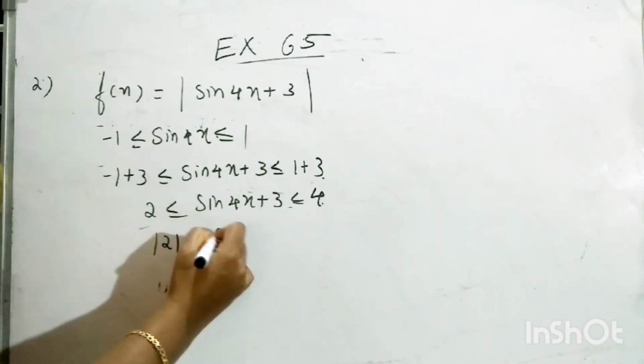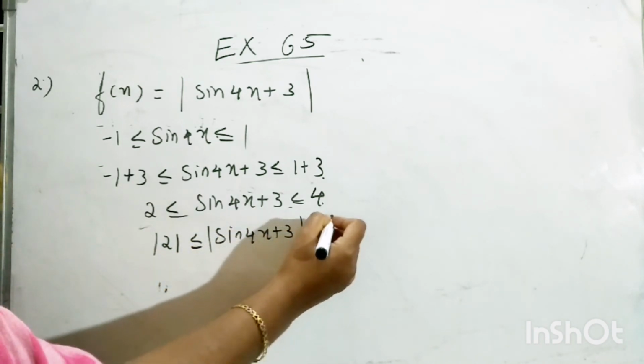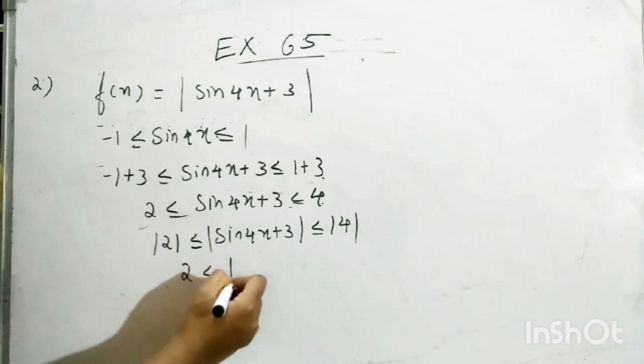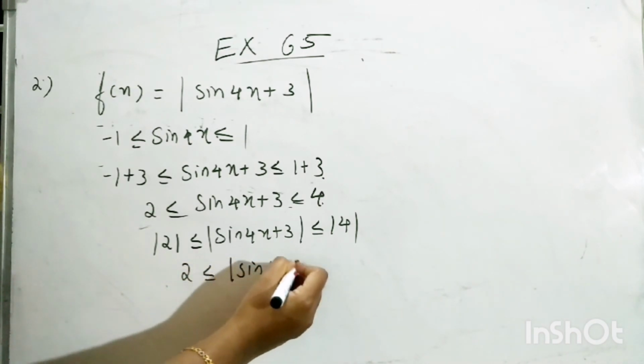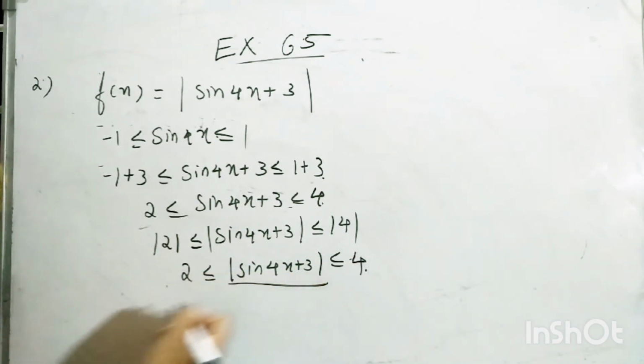Mod 2 less than or equal to modulus of sine 4x plus 3 less than or equal to mod 4. Mod 2 is 2 itself, and mod 4 is 4 itself. This is our f of x, and we got the minimum value of f of x is 2 and the maximum value of f of x is 4.